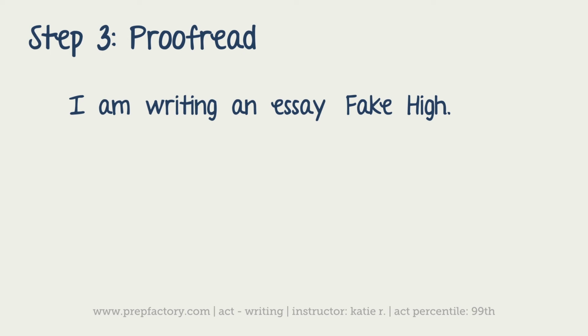So, if I'm writing an essay about fake high and I forget the word about, then what I would do is I would put a nice little caret right here, and then right above it, I would say about. I'm writing an essay about fake high, or on fake high, etc. The caret and then writing right above works really well. It's neat, it looks nice, it's easy for them to see, and they won't mind that it's there.